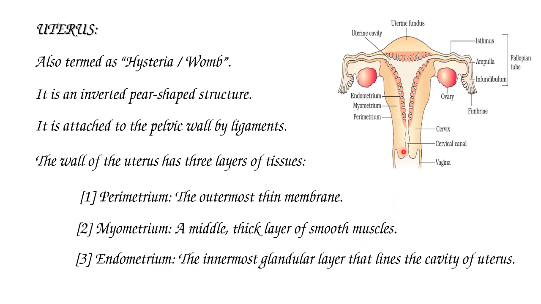Let's see in the diagram. So this uterus is the inverted pear structure, and the wall of the uterus has three layers. The outer layer is called the perimetrium and it is a thin membrane, the middle layer is called the myometrium, which is thick and made up of smooth muscles, and the innermost layer is called the endometrium and it is glandular.